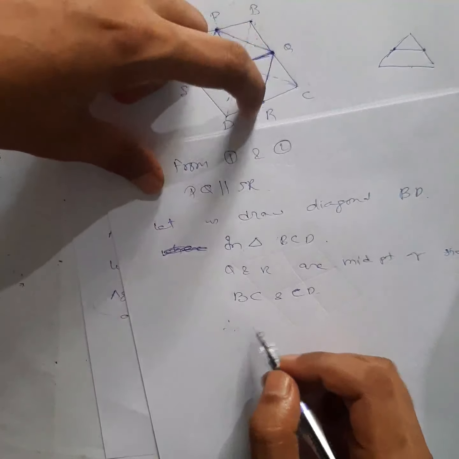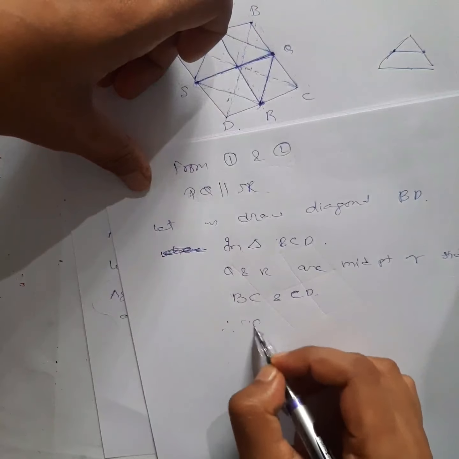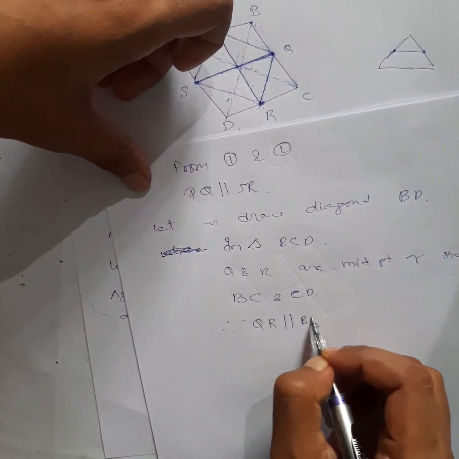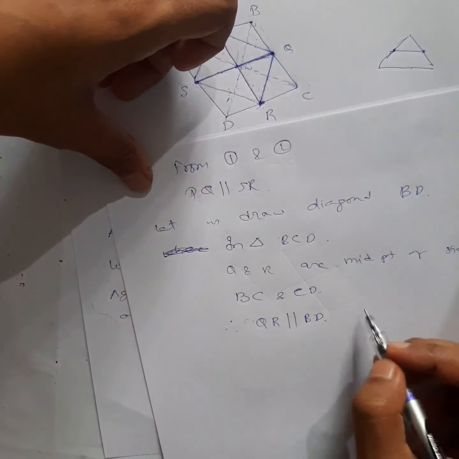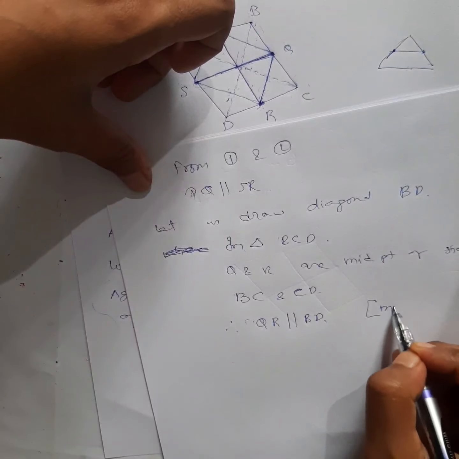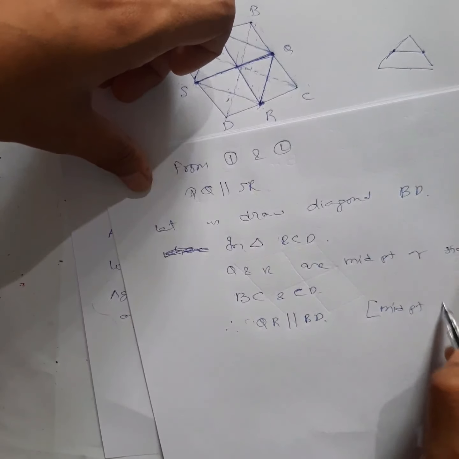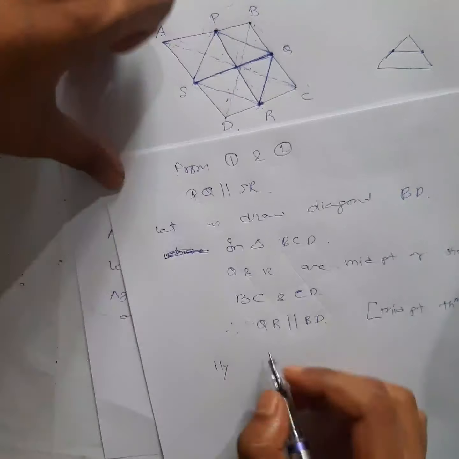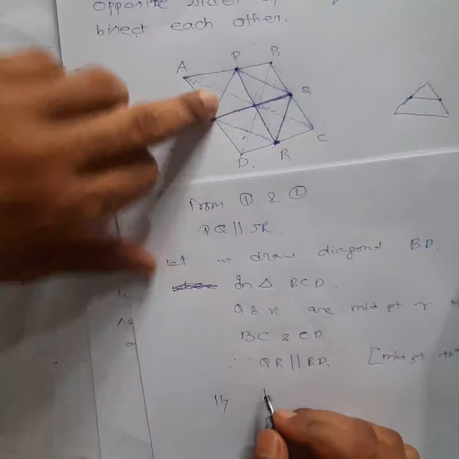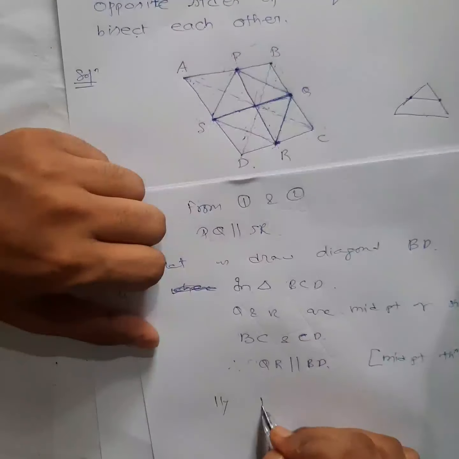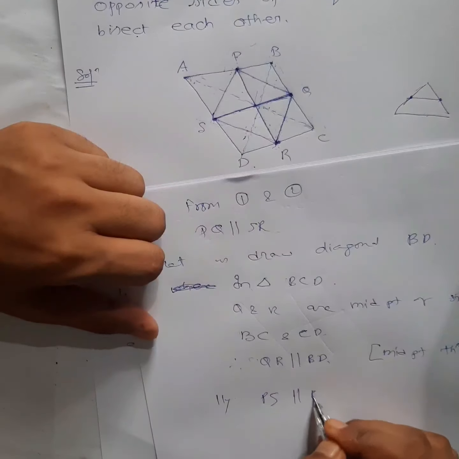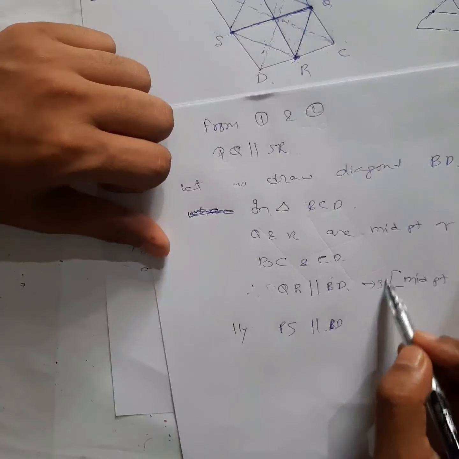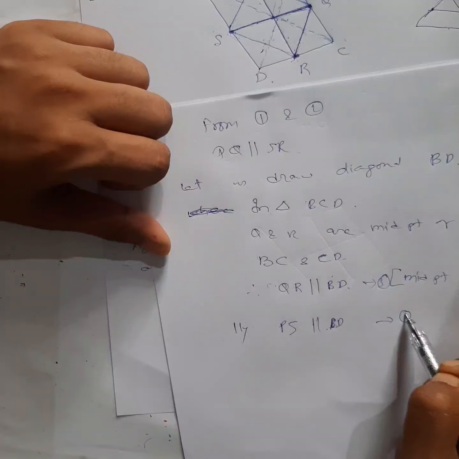Therefore, can I write QR parallel to BD? QR is parallel to BD. How did you get this? Midpoint theorem. Similarly, PS is parallel to BD. So from this you can mark this one 3 and this one 4.